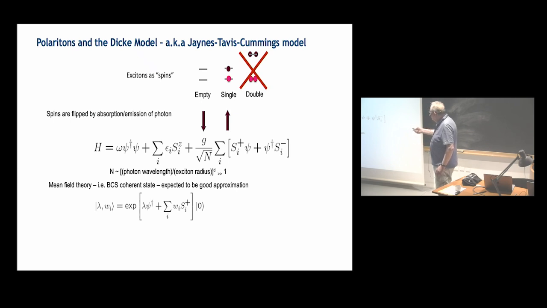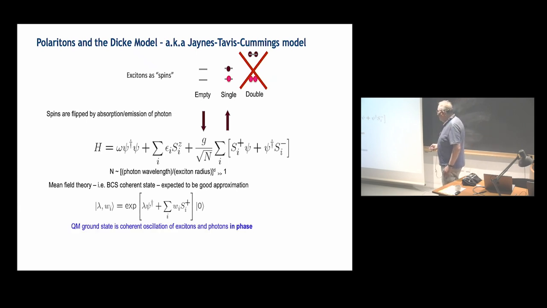And if you want to expand the spins out in Holstein-Primakoff, this thing you could turn into pairs of fermions. And so this is really a BCS superconducting-like wave function. So the ground state here is then a coherent state of oscillations of excitons and photons in phase. Now actually, by the way, there's another eigenstate of this where I change this sign to a minus. It's also an eigenstate of this in the mean field limit.